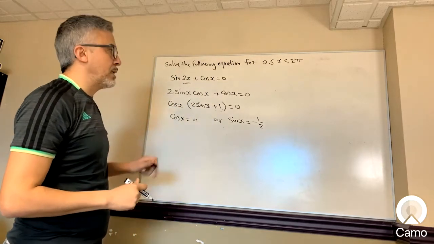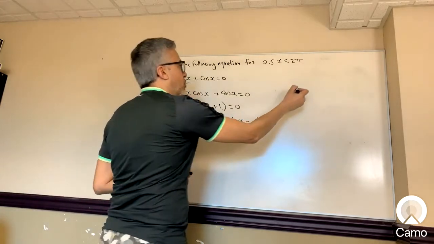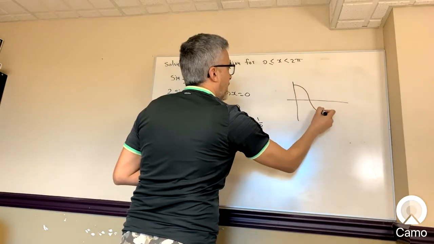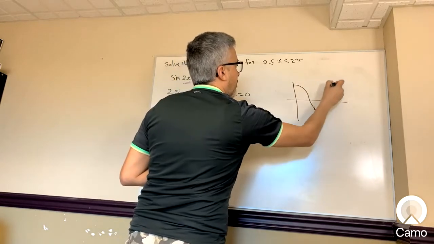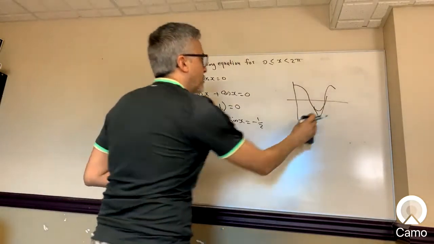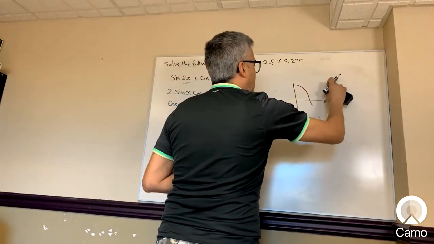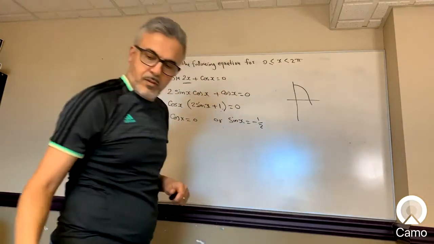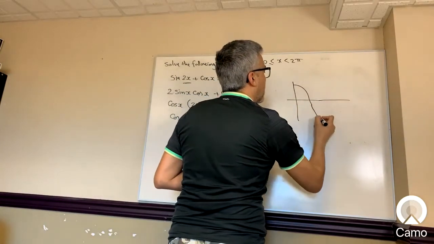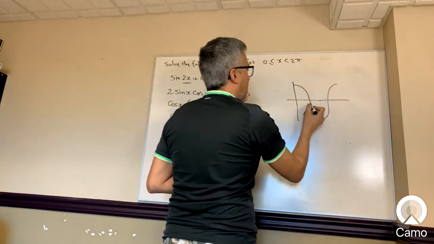Now for cos x equals 0, it's always a good idea to look at your cosine wave. The cosine wave looks like this. So the cosine x looks like this.